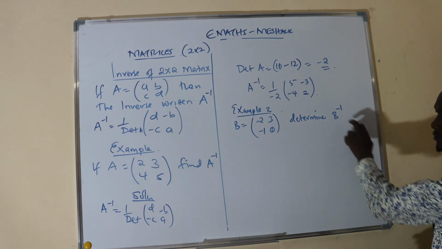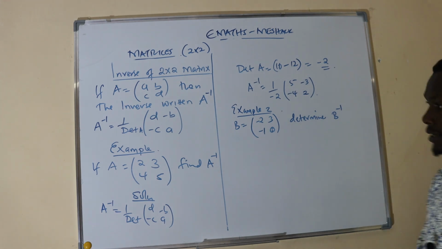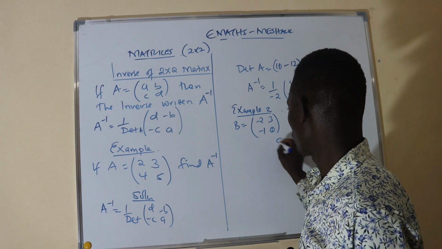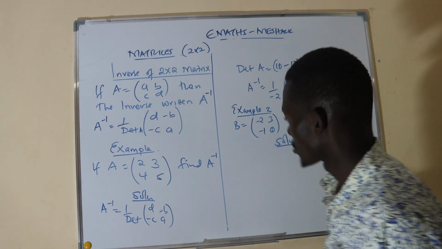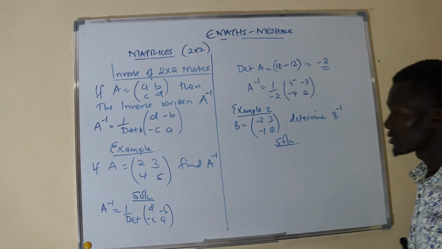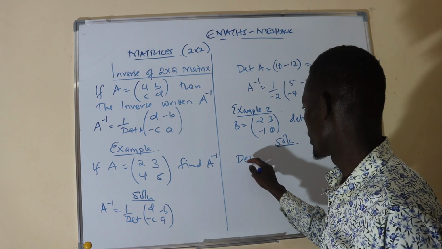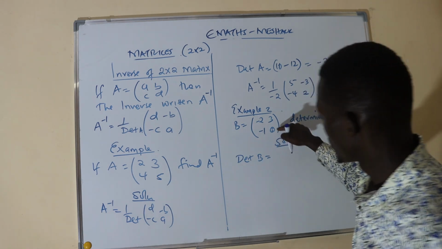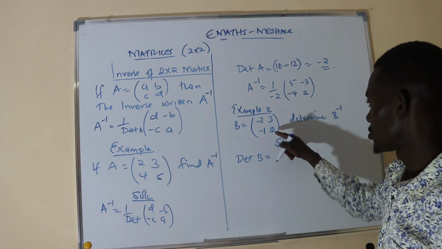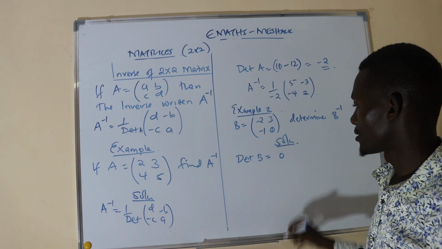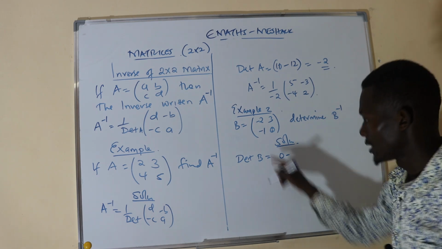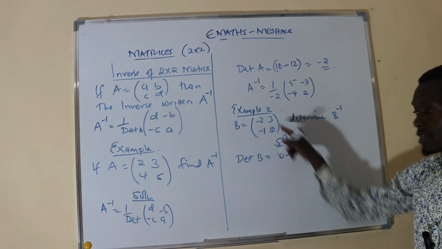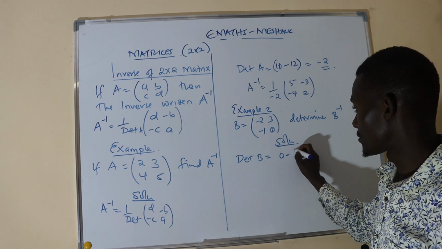So I'm determining the inverse of the matrix B. Solution again: I'll find the determinant of B. So det of B shall be given by this times this minus this times this. So 0 times -2 gives us 0, minus -1 times 3 gives me -3.